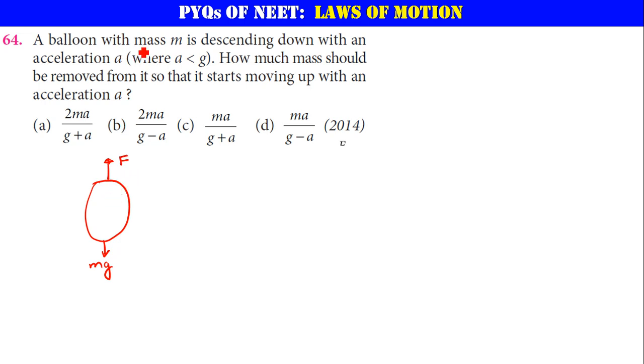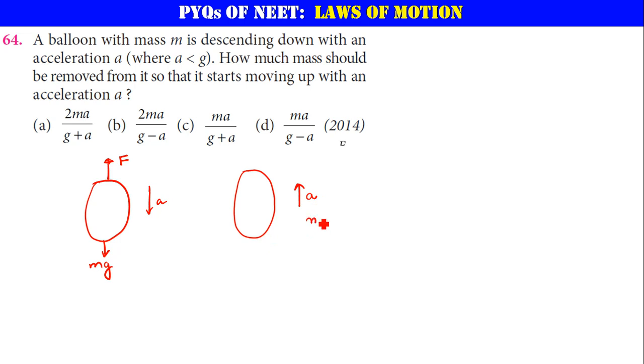Generally, because of this mass m, it is descending down with an acceleration a. How much mass should be removed from it so that it starts moving up? So you want a particular case where it should start moving with an acceleration a by removing a mass.